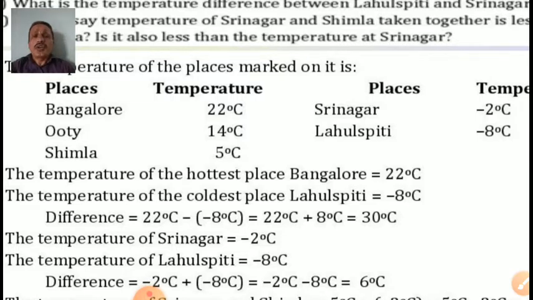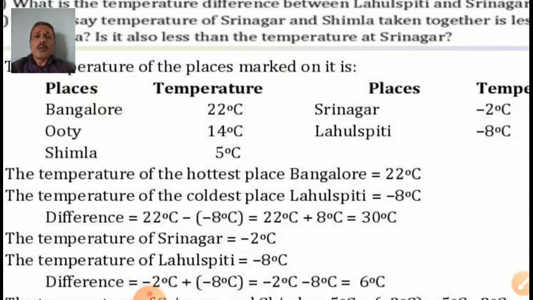And the temperature of the coldest place, that's a minus number, and a bigger minus number means the coldest place. Yes, that is Lahul Spiti. How much is it? It's -8 degrees.